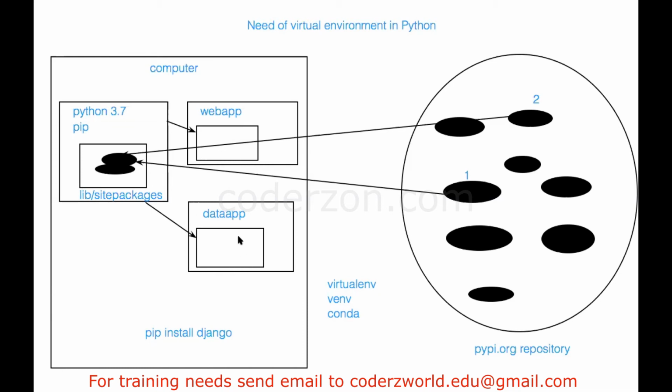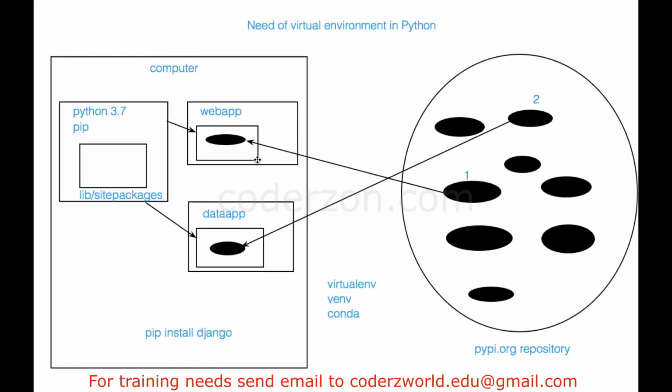So when we activate this web app's virtual environment and do a pip install, the libraries get installed into that virtual environment instead of being installed globally in this location.